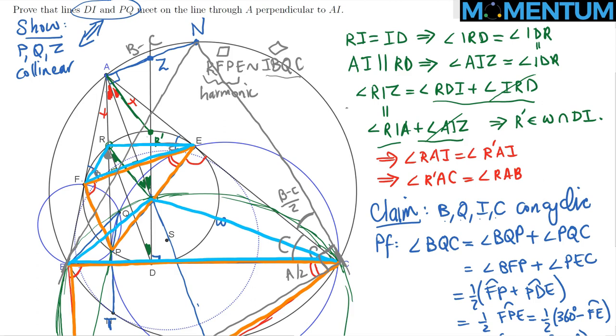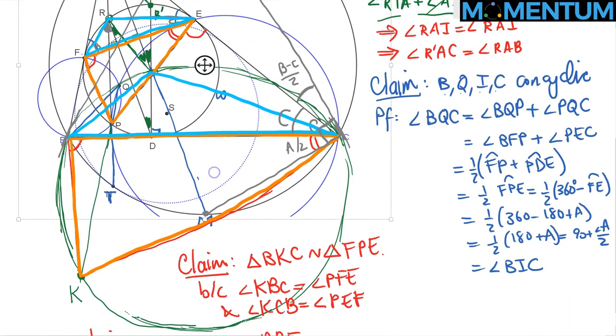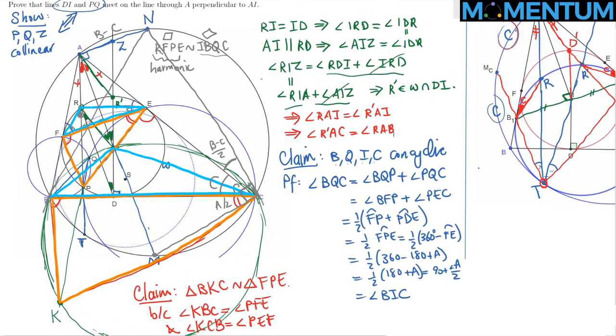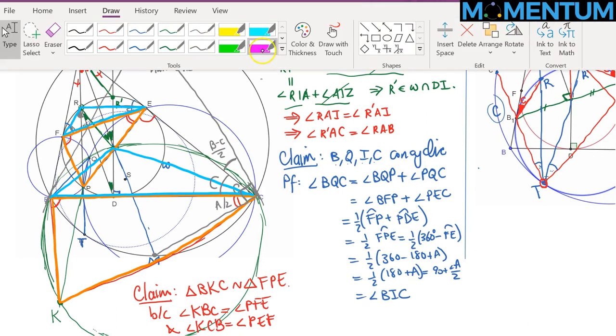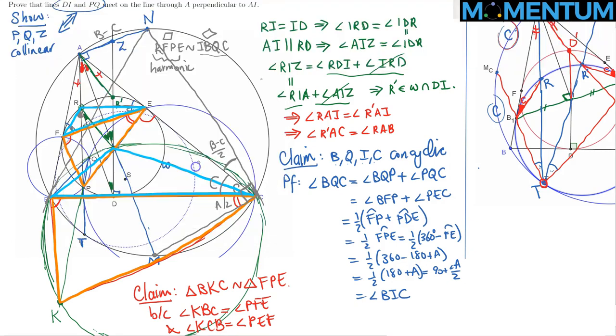Because of the similarity, A, R, P were collinear, so it must be that N, I, K are also collinear. Now, this is a beauty, obviously. NIK is also collinear, and I'm running out of colors here. I want maybe purple.